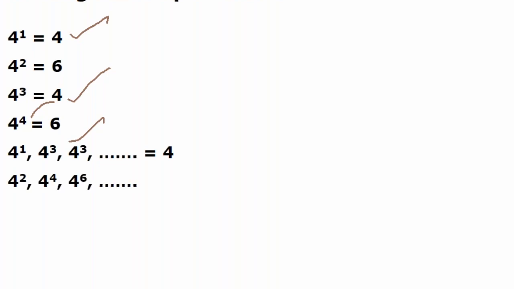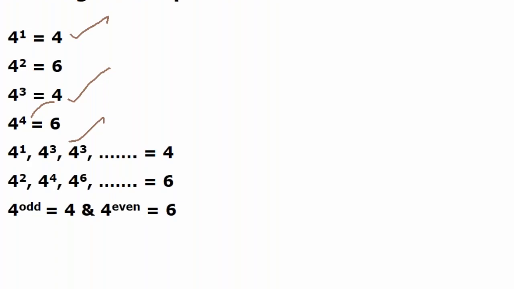The last digit should be 6. It means that if the power of 4 is 1, 3, 5, odd power, the last digit is 4, and for 2, 4, 6, even power, it is 6. So it is very easy to identify whether the given power is an even power or odd power. That is the consideration for the last digit 4.